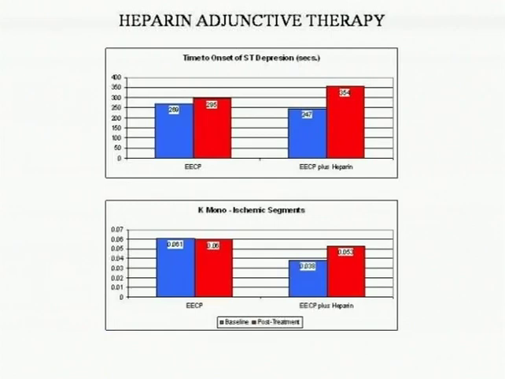Time to onset of ST segment depression improved from 269 to 295 seconds with regular ECP. They did better with ECP plus heparin, 247 to 354 seconds. K-mono, which is a marker of the nuclear study, did not improve with straight ECP. It did with ECP and heparin.